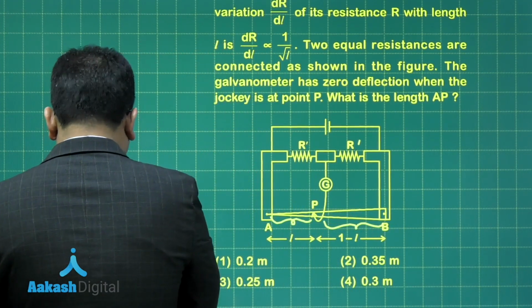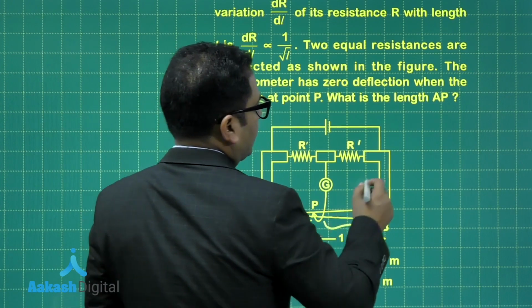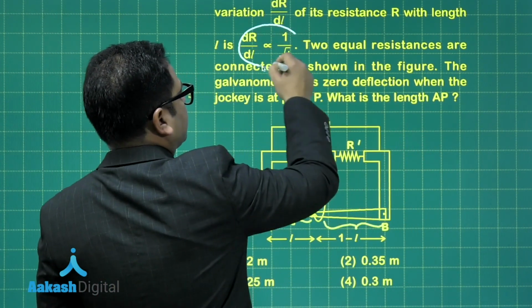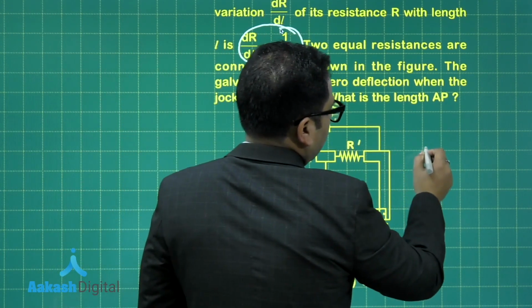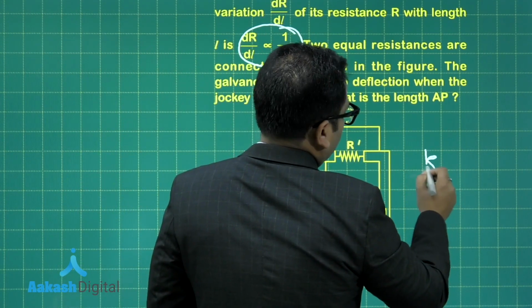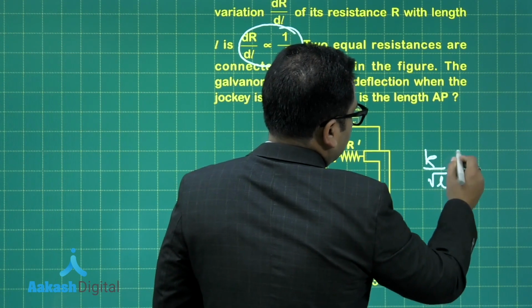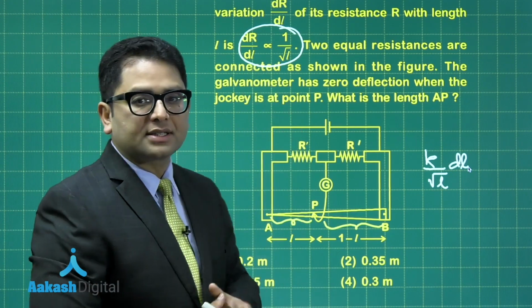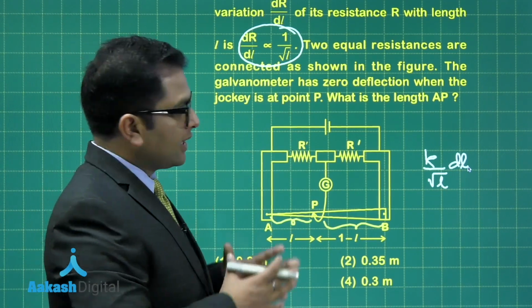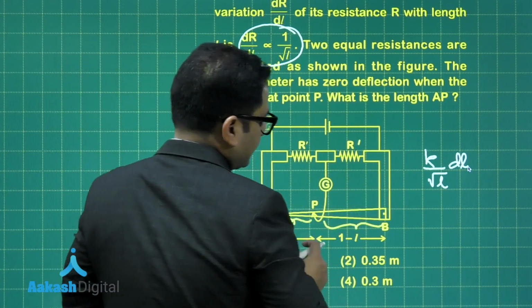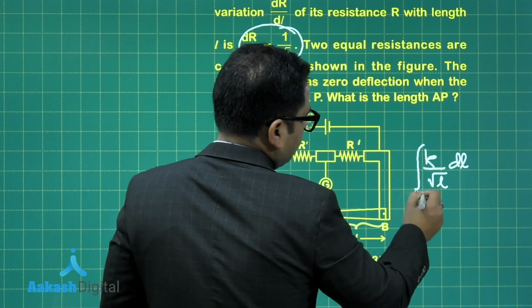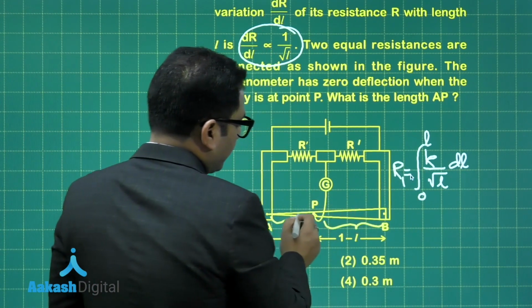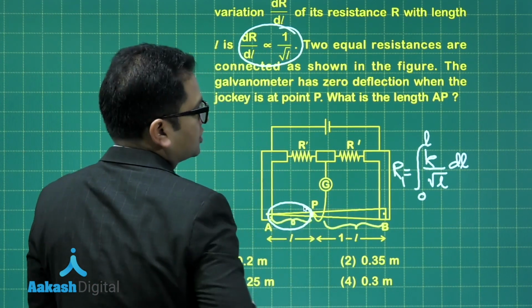In order to calculate the resistance, dR by dL has been given, so I can write K by root L dL as the small resistance, K being the constant for the given expression. And if I put the limit of 0 to L, let me call it R1, where R1 would be the resistance of this portion.